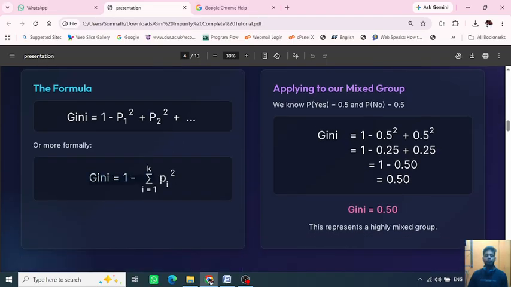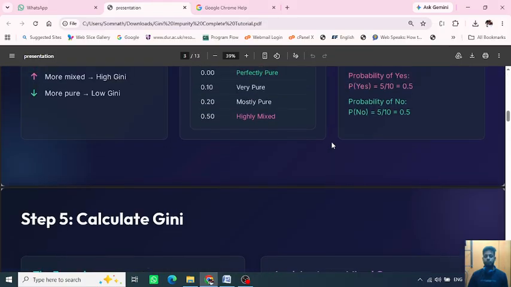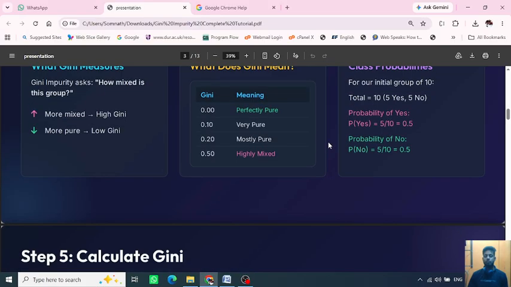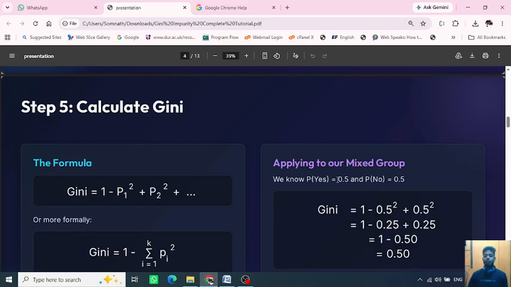Okay, so this is the actual formula. For our initial data set, the probability of yes is 0.5 and the probability of no is 0.5, because it is 5 by 10.